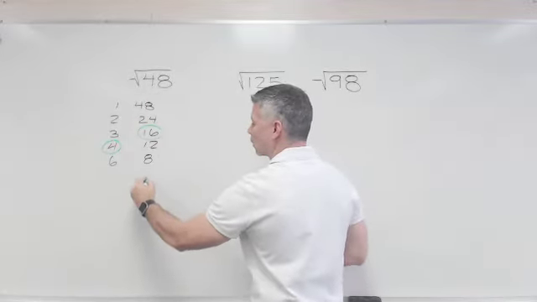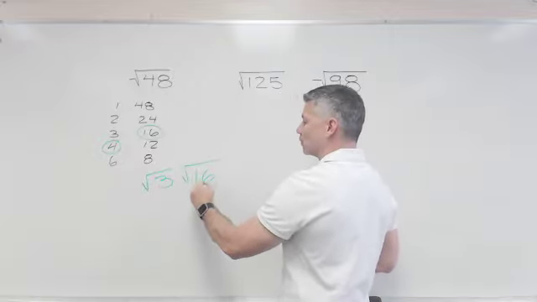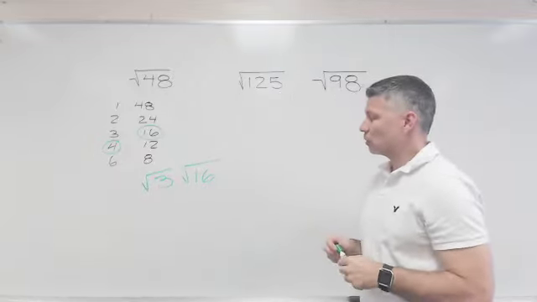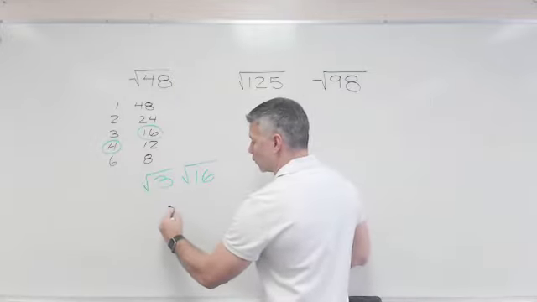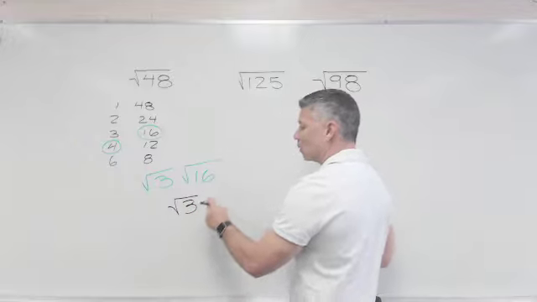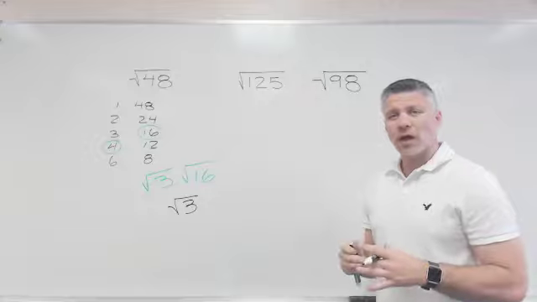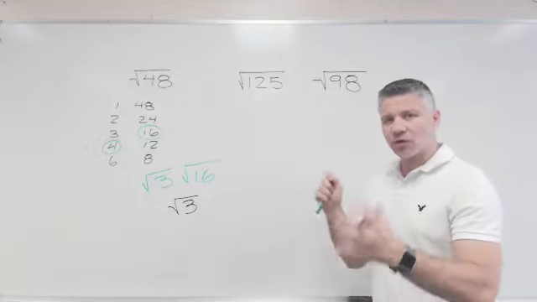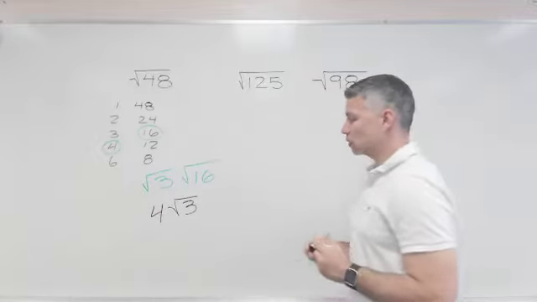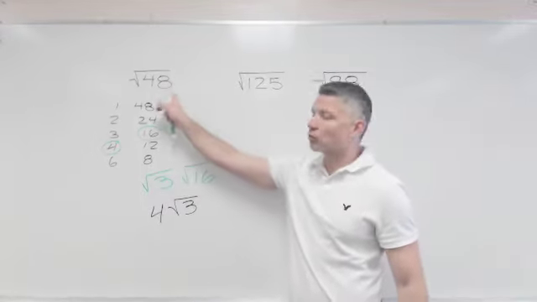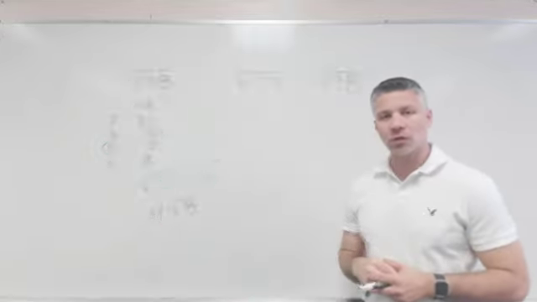We'll break that apart into the square root of 3 and the square root of 16. We do not know the square root of 3, so I will leave it the same. I do know the square root of 16 is 4. And just to make your answer look nice, we're going to put the 4 out in front. So the square root of 48 is 4 square roots of 3.